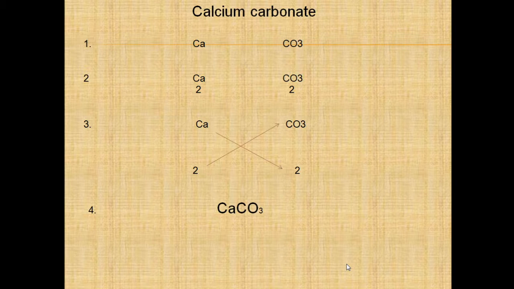To write the valency below the respective radical, calcium 2, CO3 2. Then to cross multiply, as shown by the arrow, the number of radical cross multiply किए. और last step जो है वो to write down the chemical formula of a compound, that is CaCO3.